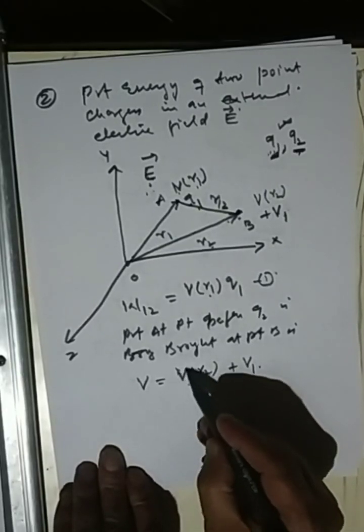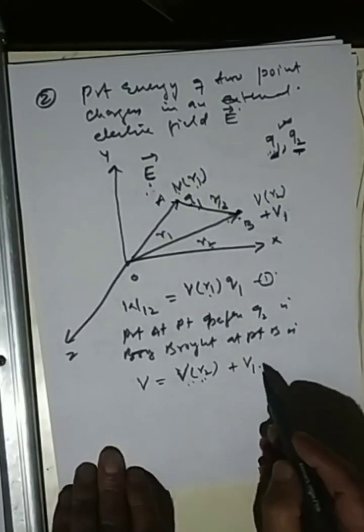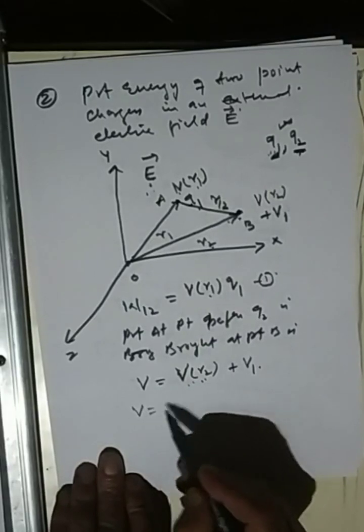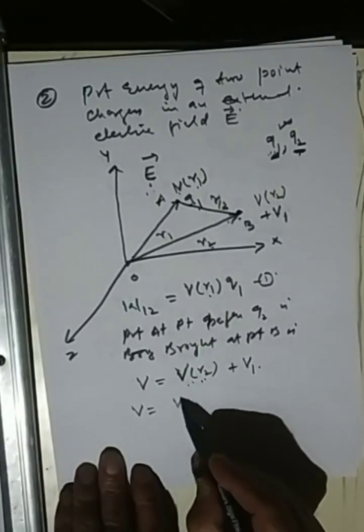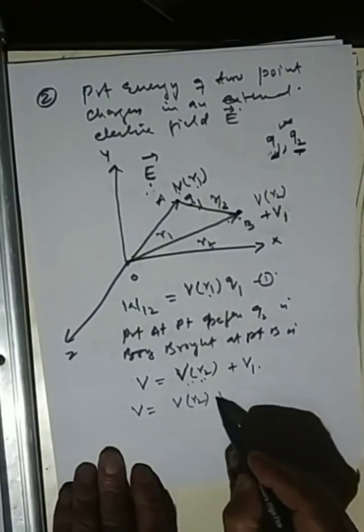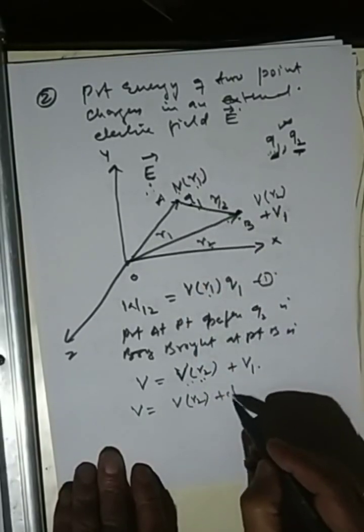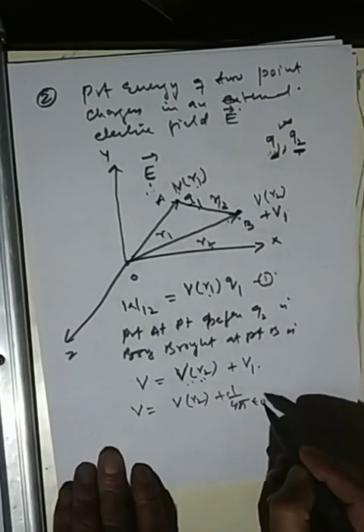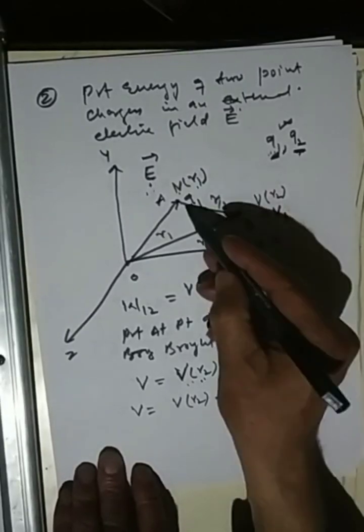V is a function of the position vector R2. Now V will be equal to V(R2) plus V1, which is 1 by 4 pi epsilon 0, as before, Q1 by this distance R12.